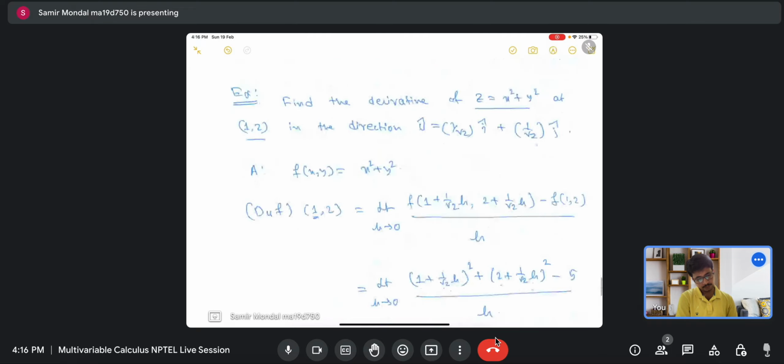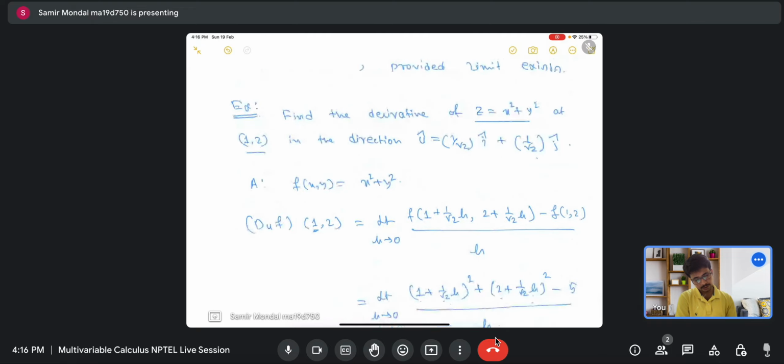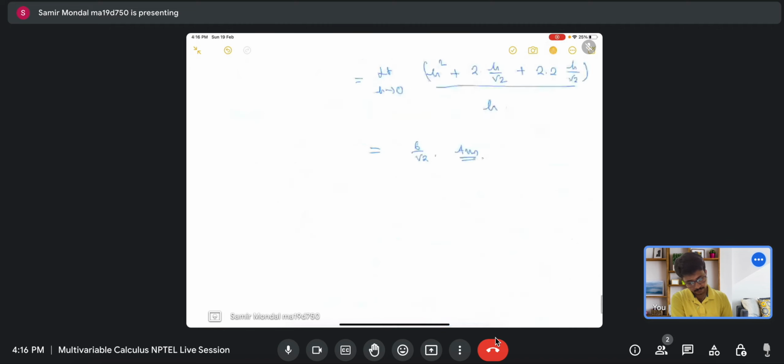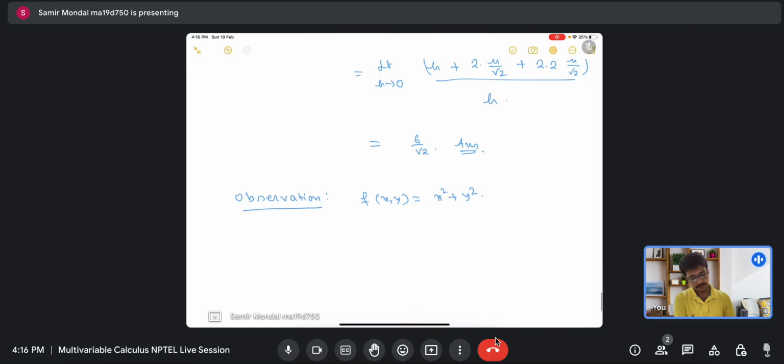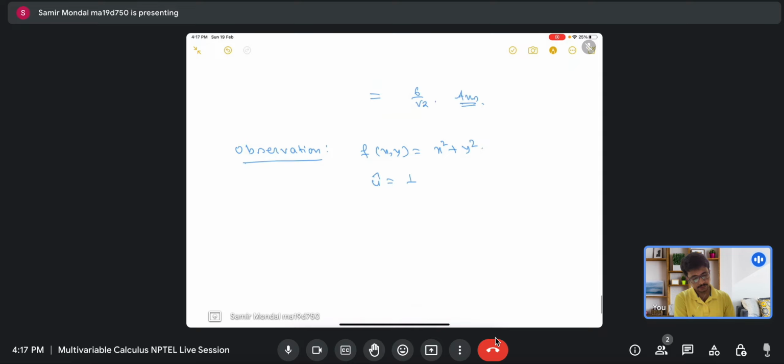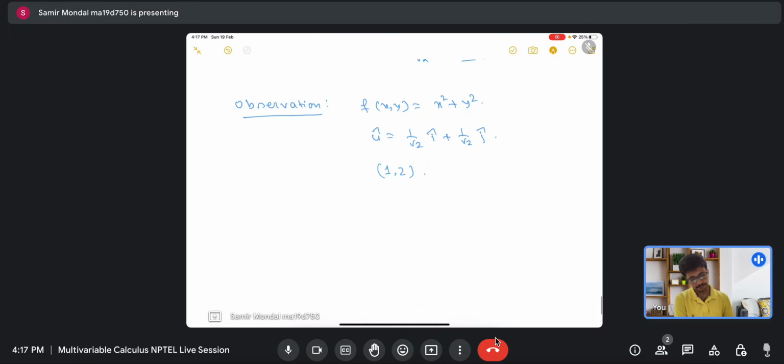So one can observe for these functions, this function is given by x square plus y square, and your u cap is defined by 1 by root 2 i cap plus 1 by root 2 j cap, and the point is (1, 2).